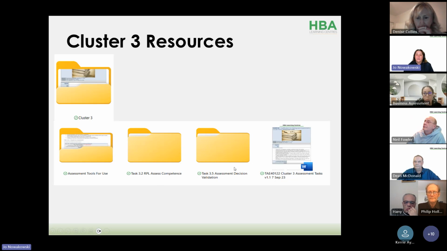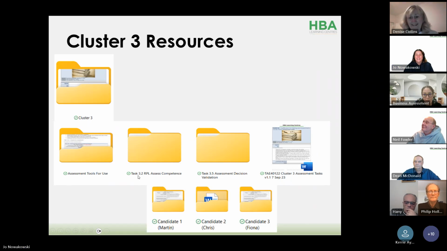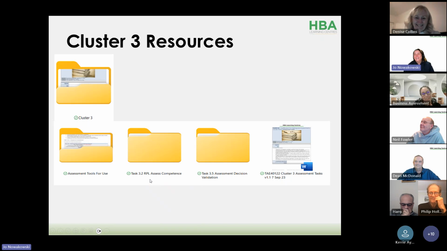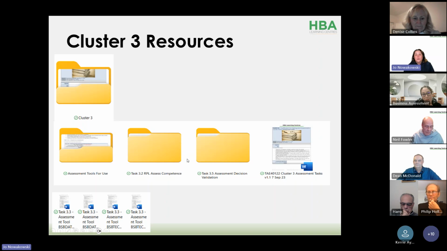We've all seen those documents before. Or we're excited to go on to cluster 3. Denise cannot wait for cluster 3. But you can see that all of the documents are there waiting for you to open and get into, yeah?